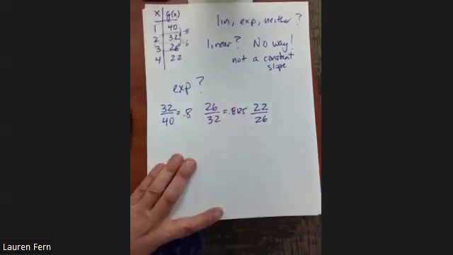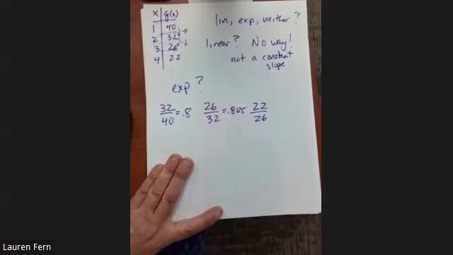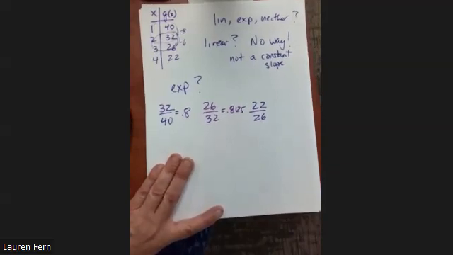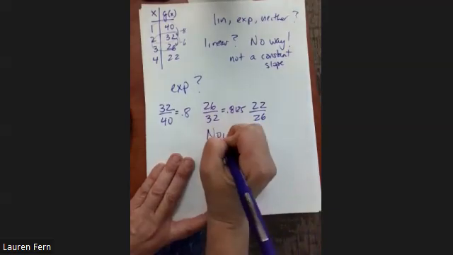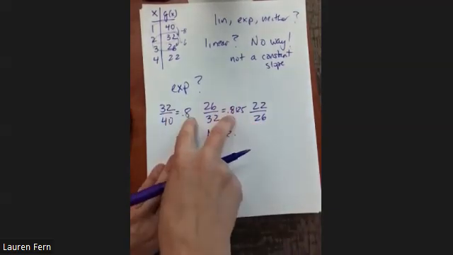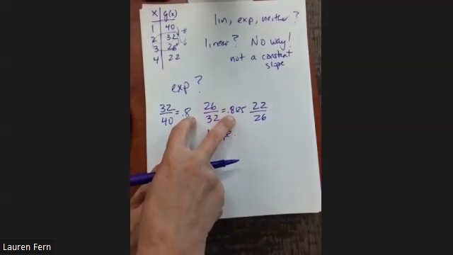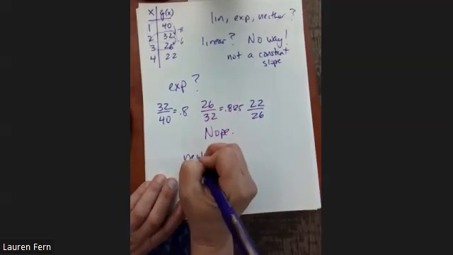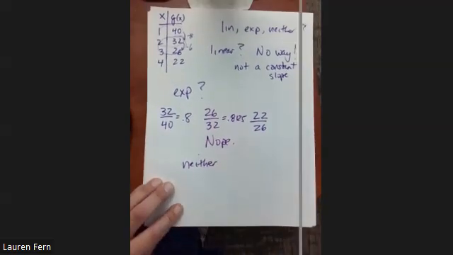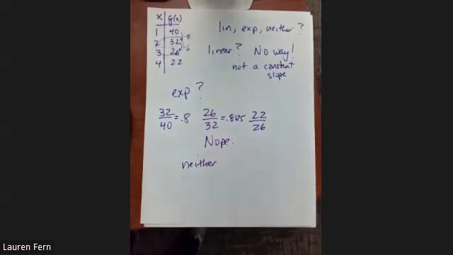Almost, but close. Close, but no cigar. So, nope, it's not exponential. They have to be exactly the same. So, this one is neither. And I wanted to start out with one that's neither, just because most people expect to get one or the other on the first round.